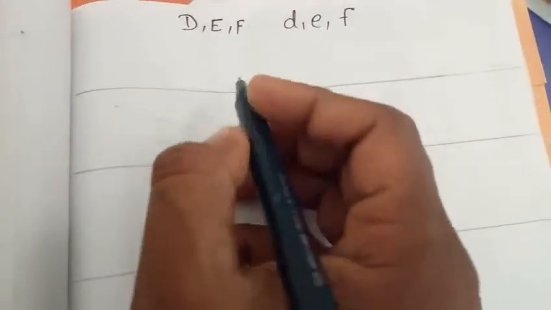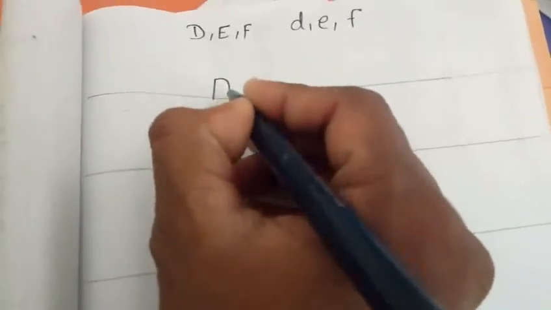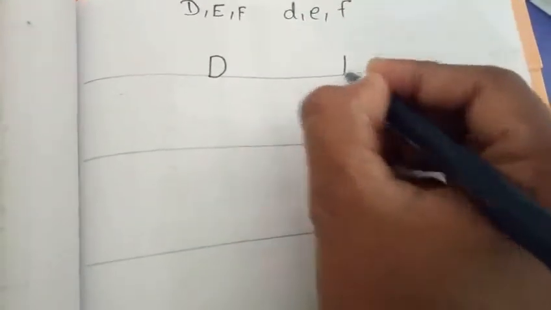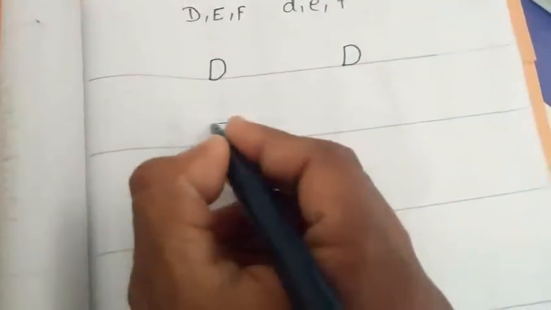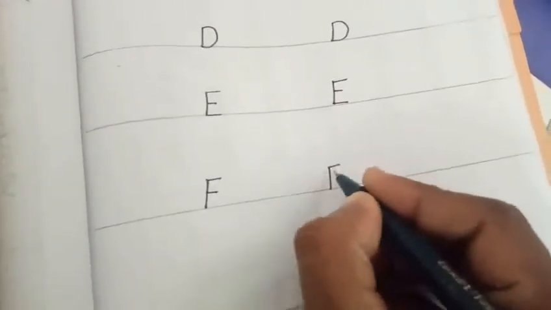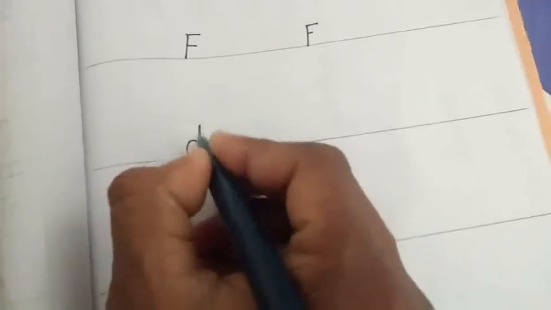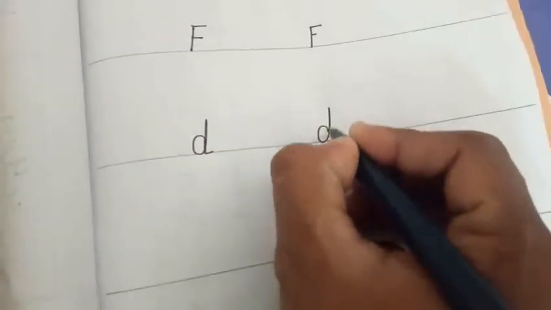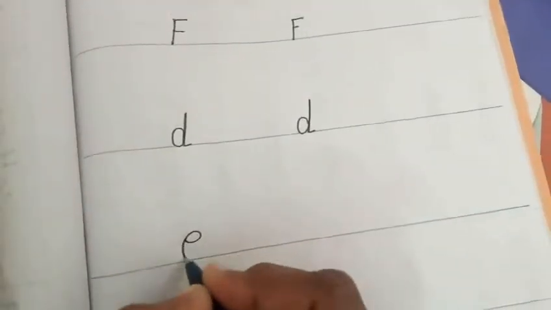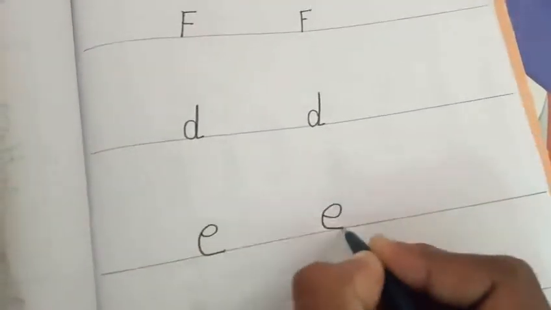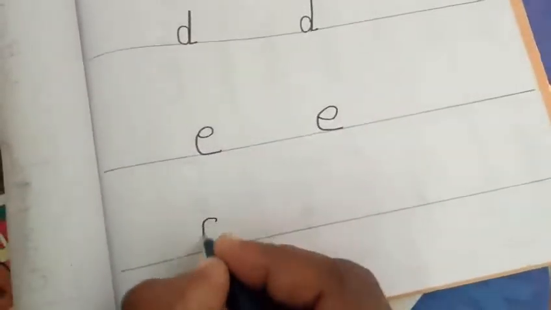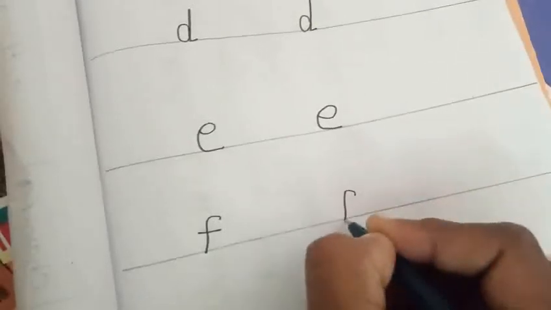First I will teach you uppercase letter D. D, D after E, E after F. Okay, then lowercase letter d, d after e, e after f.